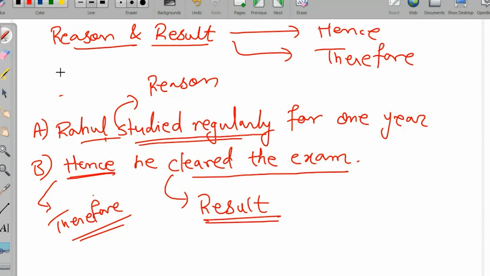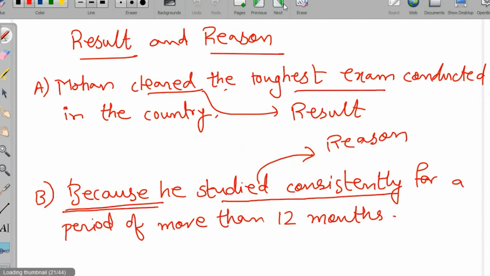Okay. So keep this in mind that reason and result will have two important words, that is hence and therefore. Whereas in result and reason, you can see that we have because. We have because in it. Or we have since also. Mohan cleared the toughest exam conducted in the country since he studied consistently.